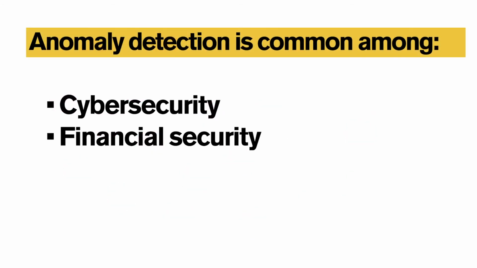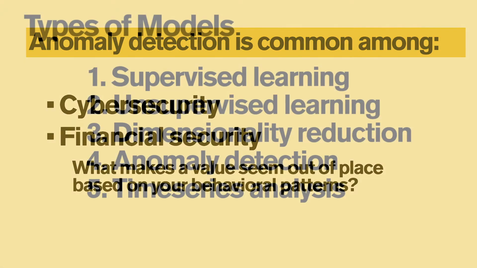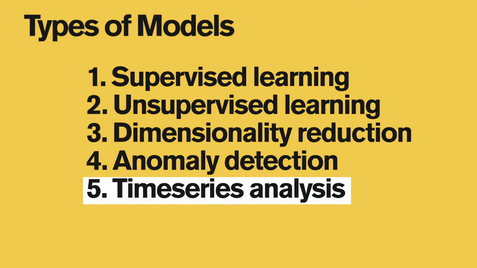For example, trying to find a fraudulent transaction among your transaction history. Does a certain value seem out of place relative to your behavioral patterns, in which case it could be credit card fraud or whatever.